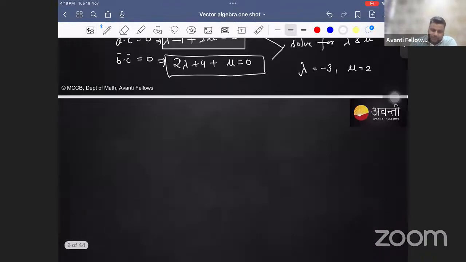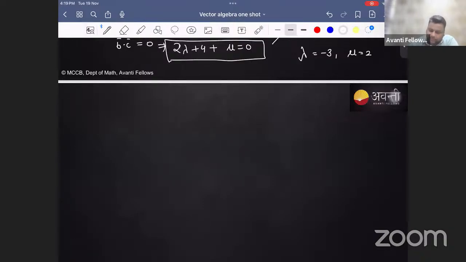Now, let's move to the next question. Let A cap and B cap be two unit vectors.